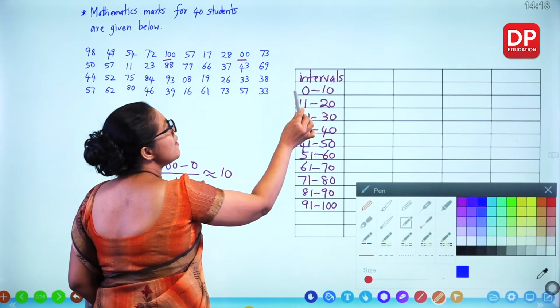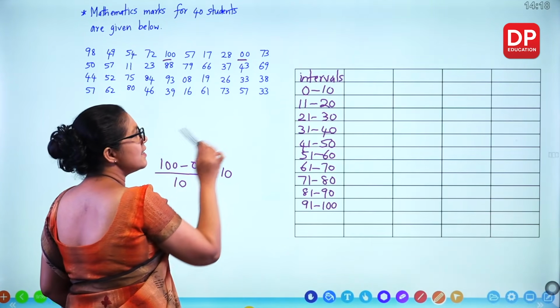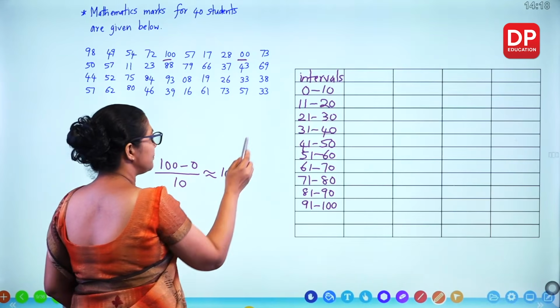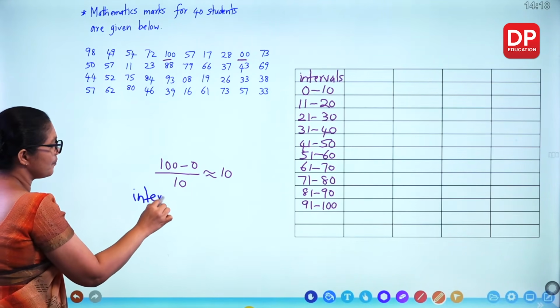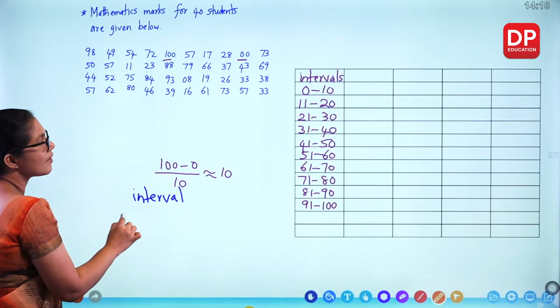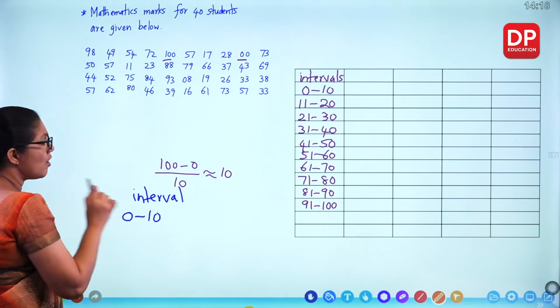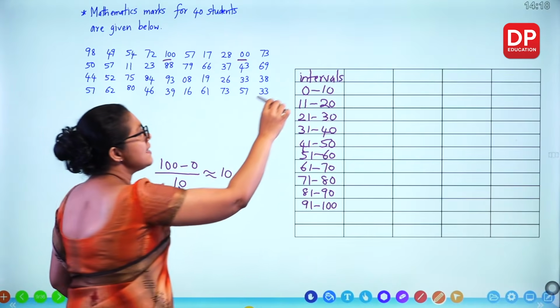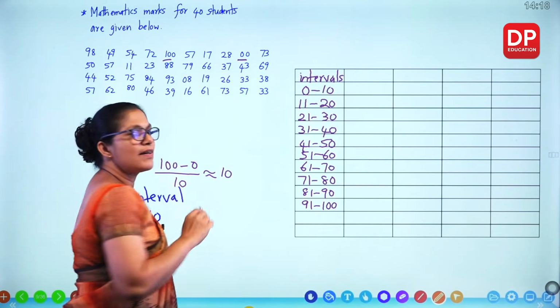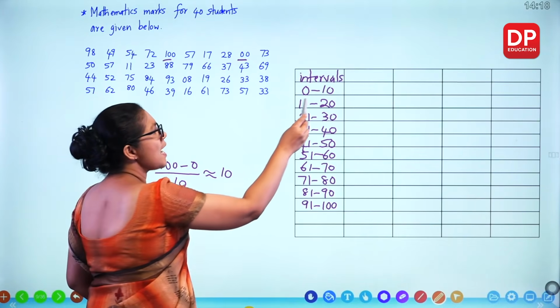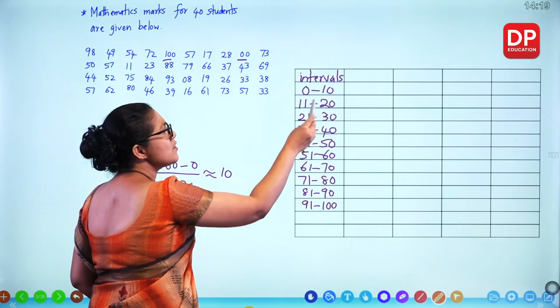Remember, when you take an interval, there are two values. And also look at these intervals. There's a gap between 10 and 11, and also a gap between 20 and 21.